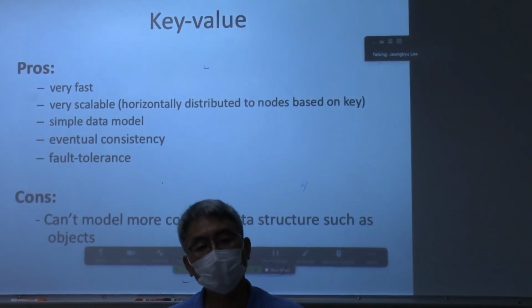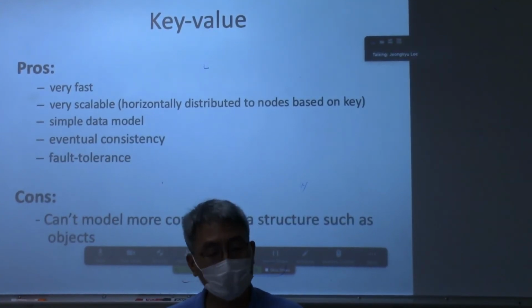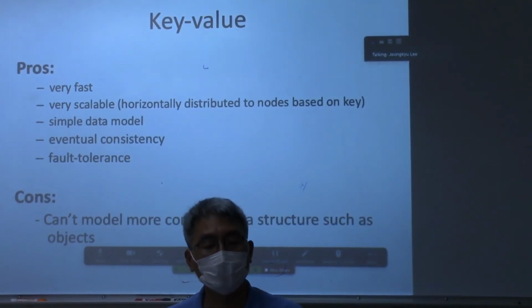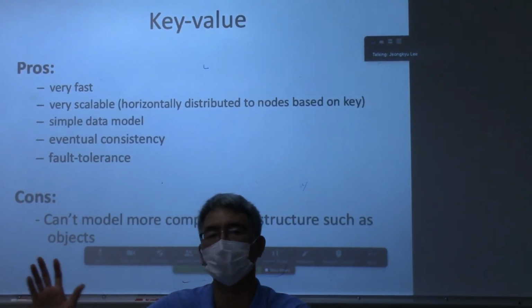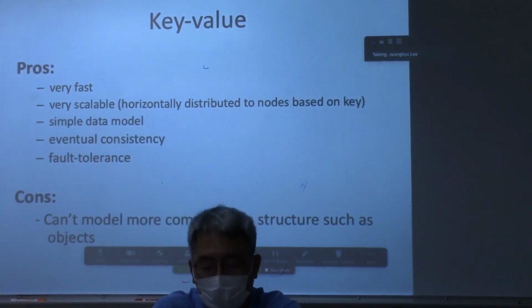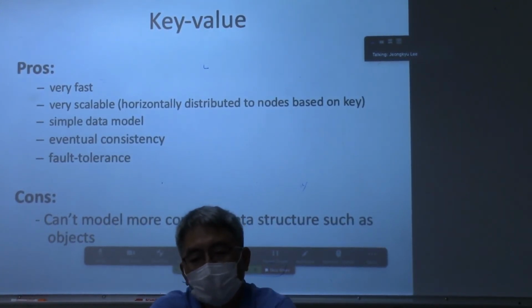Also, key value supports eventual consistency. We do not insist on strict consistency in the key value model. Also, fault tolerance because it's basically distributed. In case of a partial failure, the entire system should be tolerable. It's working. Okay? However, key value doesn't support a very complex data model, unlike the relational database model.